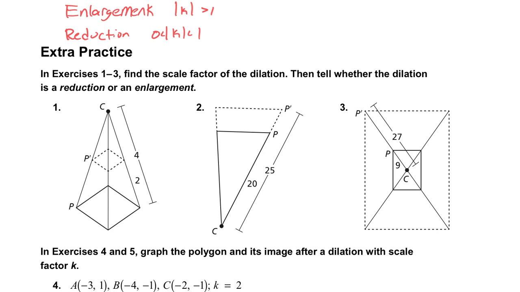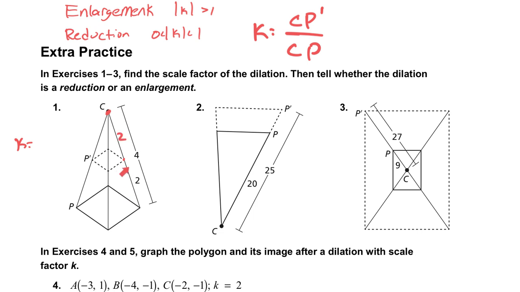Anyways, let's go to these pictures. I want to remember the whole CP prime over CP. That is going to give me my K. So I'm going to look at K here. K equals C to P prime. Oh, it doesn't show that, does it? No, it shows from P prime to P is 2, and the whole thing's 4, so this is going to be 2, right?